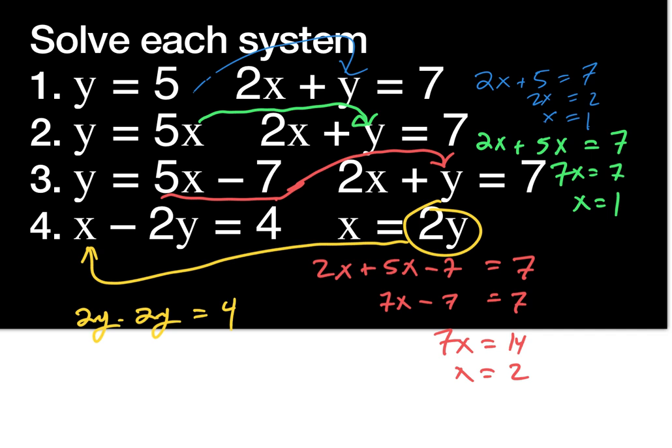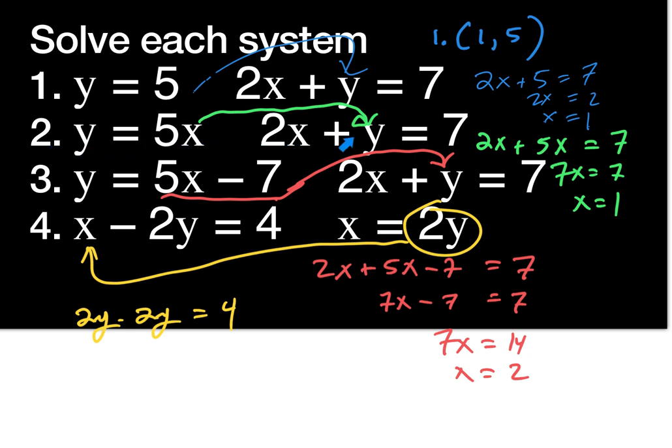Let me go back and make that blue. So my solution to number 1 is 1, 5. The y value was given originally as 5. I just found x. X is 1. So those two lines, when graphed, the line y equals 5, which is a horizontal line, intersects with the line 2x plus y equals 7 at the point 1, 5.